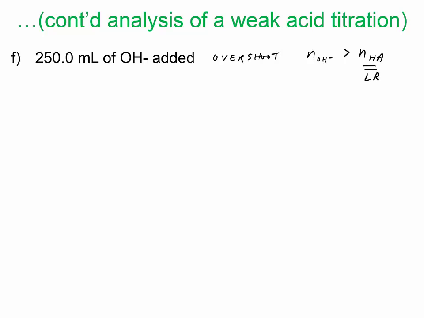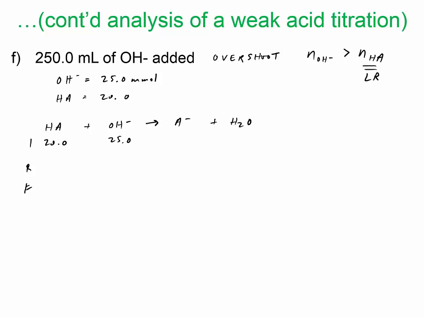If we have 250 milliliters of strong base, that would be 25.0 millimole of strong base, and our weak acid never changed, so that's 20. So our reaction will be this. This is 20, 25, and this is 0. This doesn't really matter.